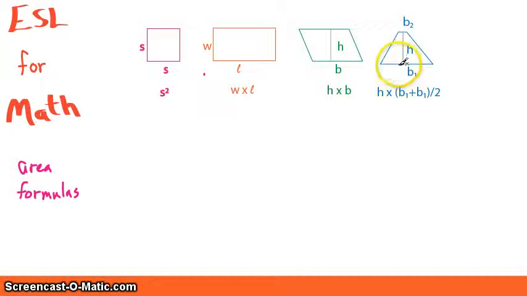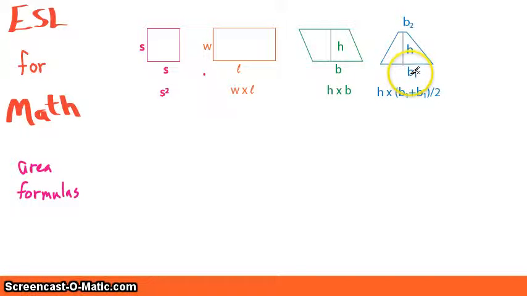Okay, this is a trapezoid. A trapezoid has two sides that are parallel to each other, and the other two sides are not parallel to each other. Usually when we do the area of a trapezoid, the two parallel sides we call B1 and B2, or they might be S1 and S2, something like that.